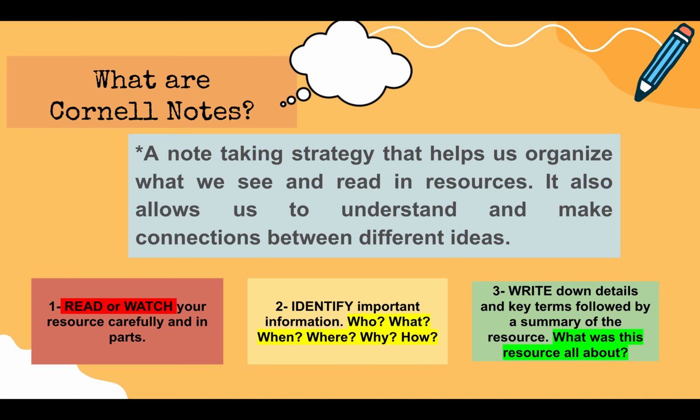Next, we need to identify important information such as who, what, when, where, why, and how. So when you're analyzing a resource, remember to ask yourself the 5 W's and an H. And finally, we need to write down details and key terms followed by a summary of the resource. Basically, you're asking yourself, what was this resource all about?